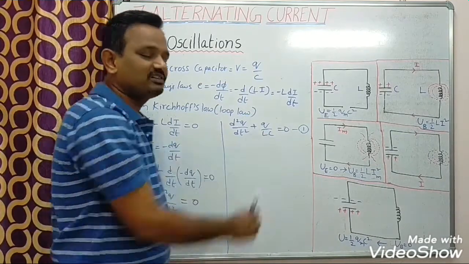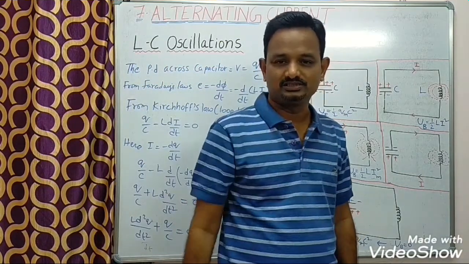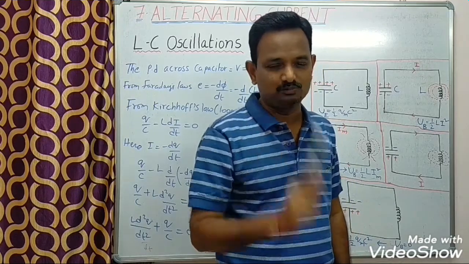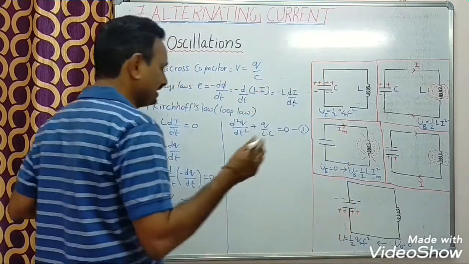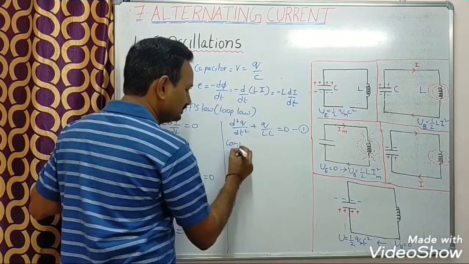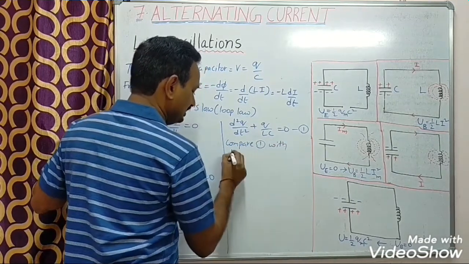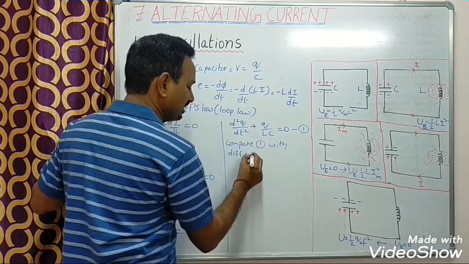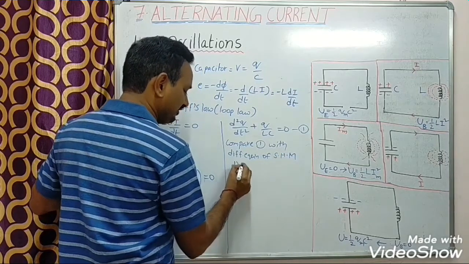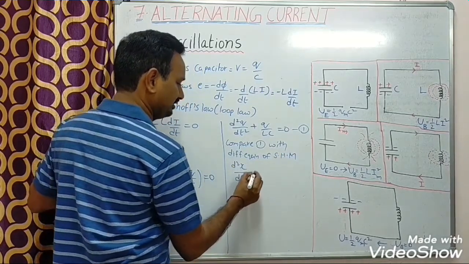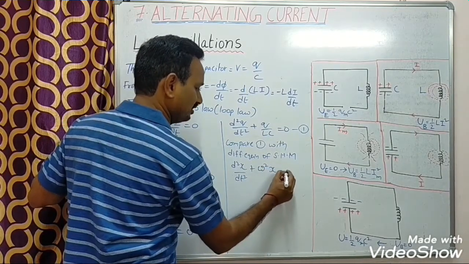Now compare this equation 1 with the differential equation of simple harmonic motion. You know that the differential equation of SHM is d square x by dt square plus omega square x equal to 0.